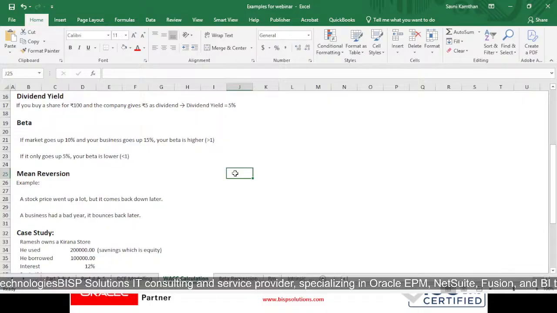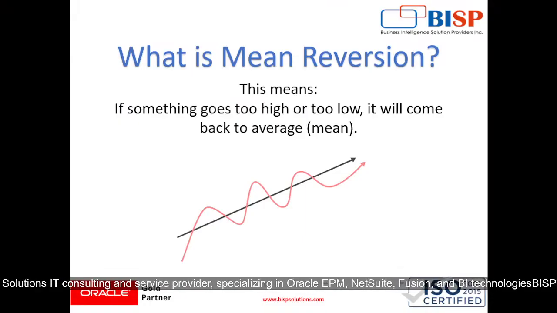Then comes our example for the same: a stock price went up a lot, but it comes back down later on. A business had a bad year, it bounces back later. So in this picture you can see that one time it was earning a good amount, but after that there was a fall, then again it recovered, then again the business incurred a loss, then again profit, then loss, and then there was steady growth, right?